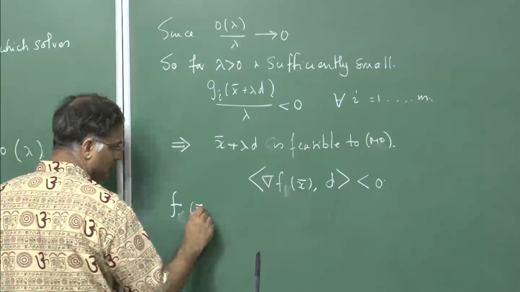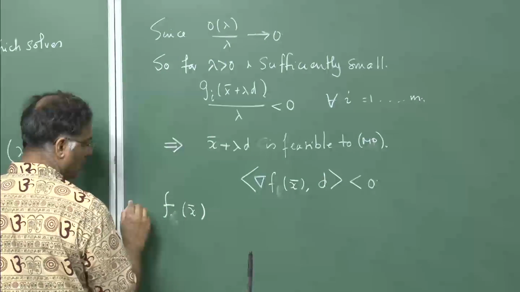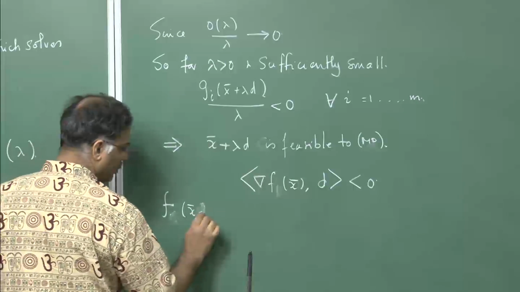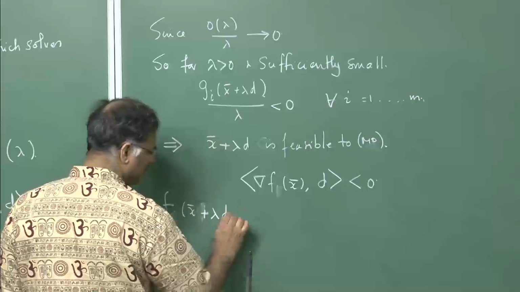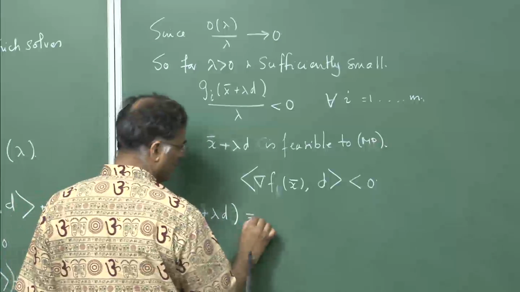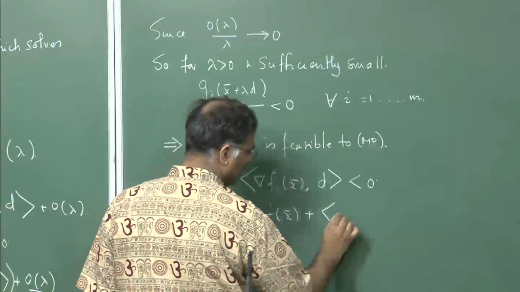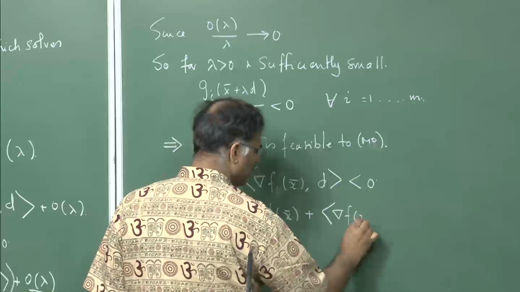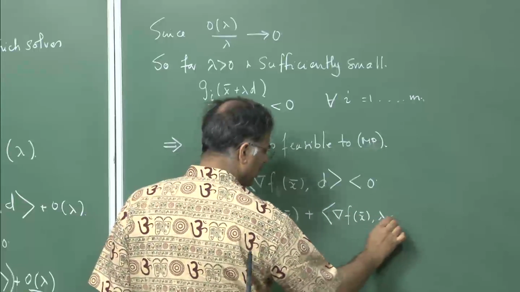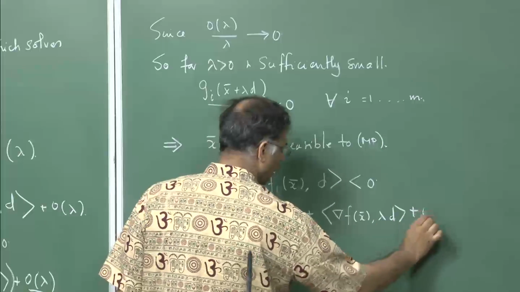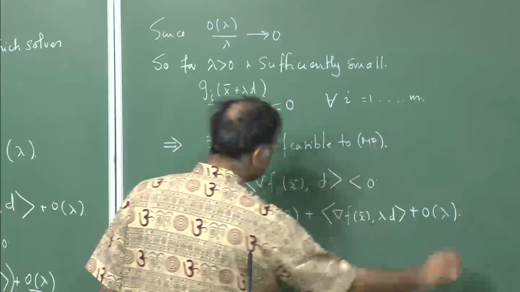So, now f of x bar plus lambda d is equal to f of x bar plus grad f x bar times lambda d plus small o of lambda.